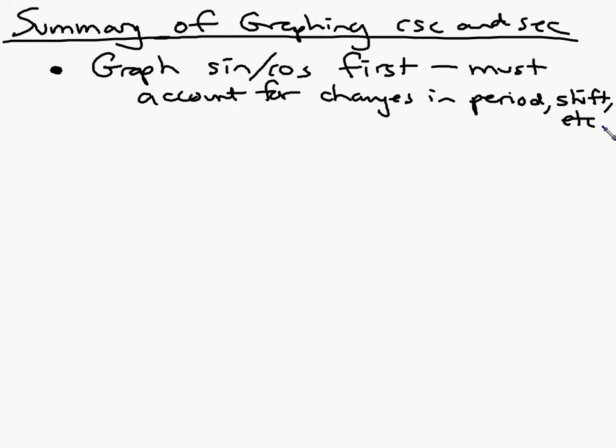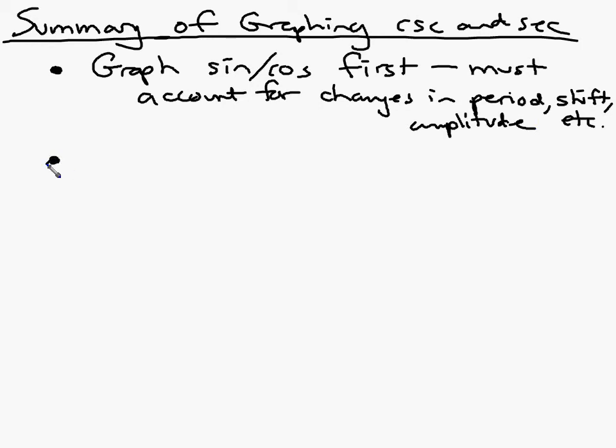Okay, I could add amplitude to the list. You just graph sine or cosine just like you always would. So I'll show you in just a minute. The period will change based on whether it changes for sine or cosine. So let's come back to that in just a second. Let me finish my list here.